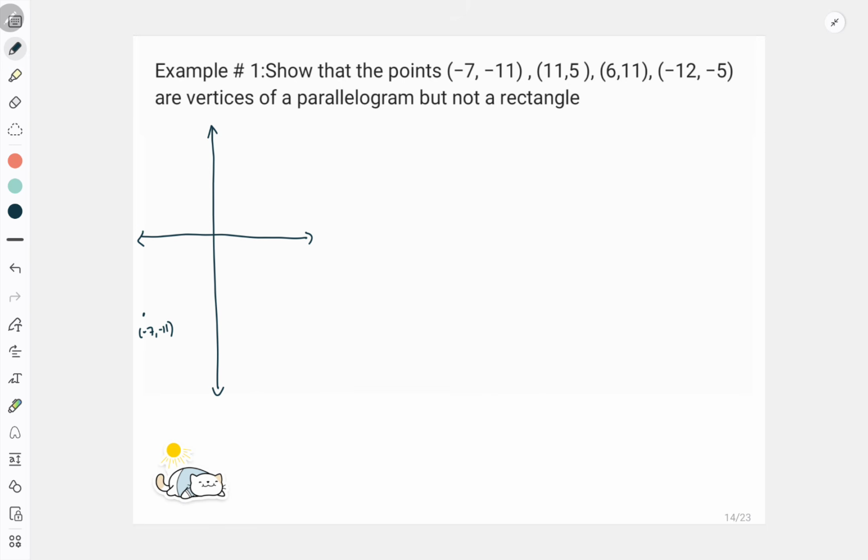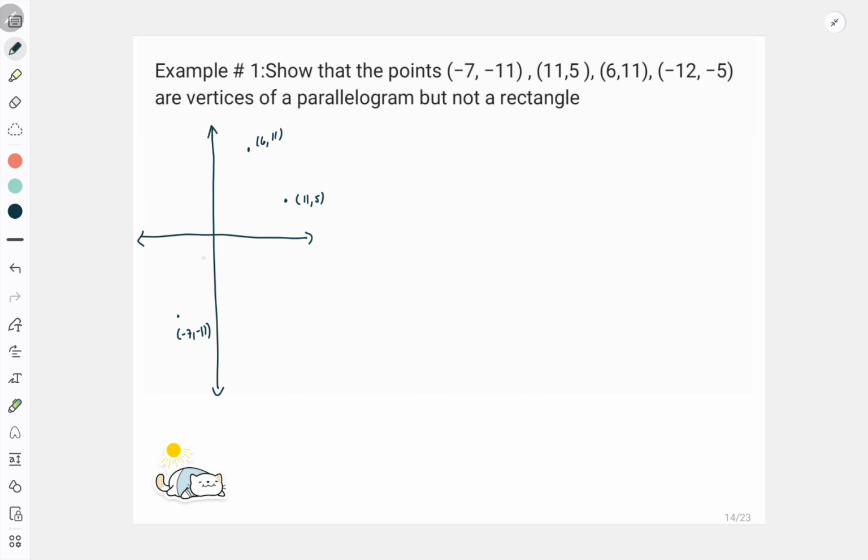And then (11, 5), and then (6, 11), and let's say I'll just put it here.